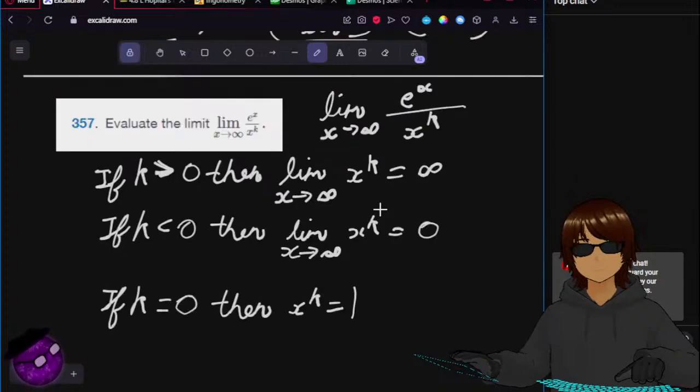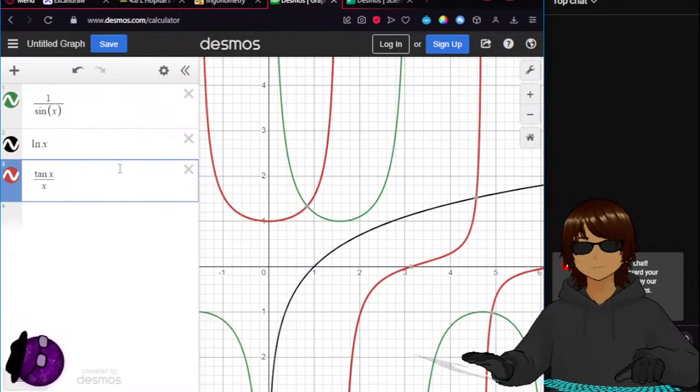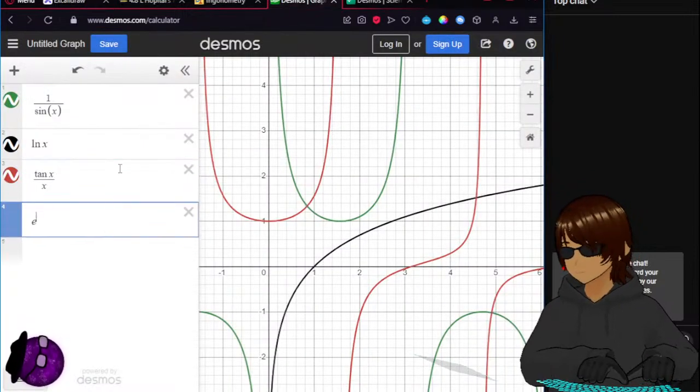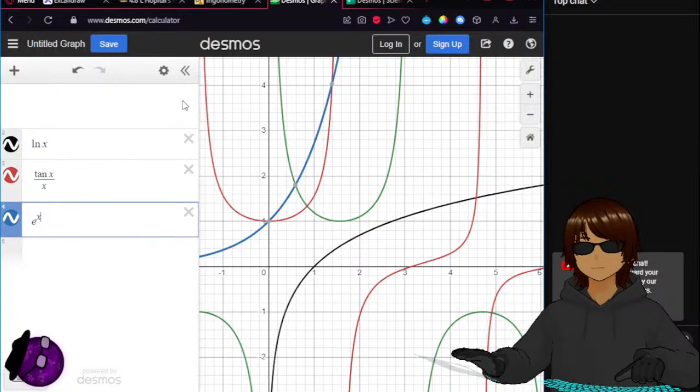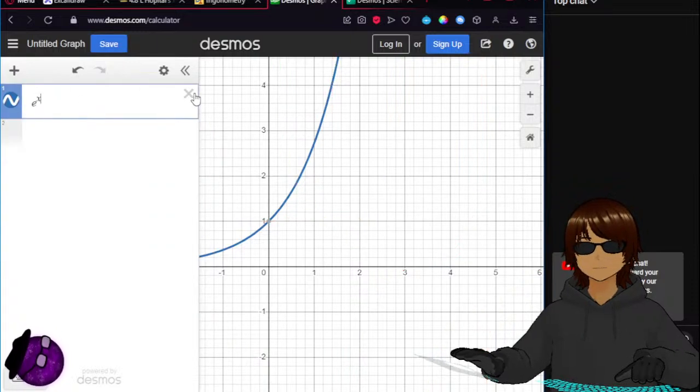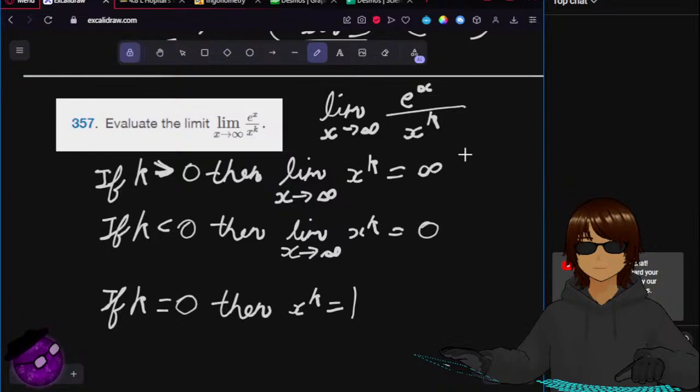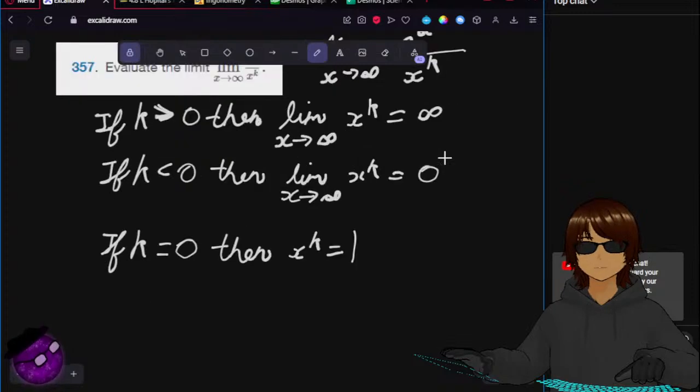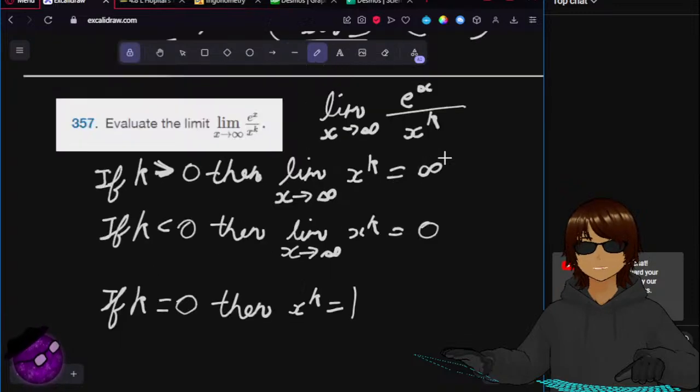So either we have infinity over infinity case, or infinity over 0, or infinity over 1.